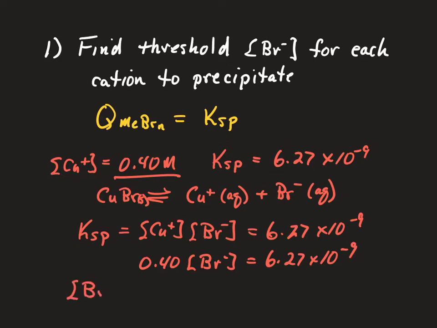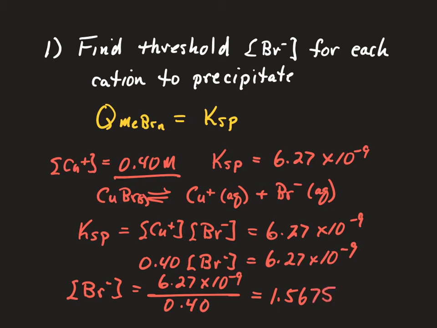The concentration of bromide ion will equal 6.27 times 10 to the minus 9 divided by 0.40, and that will equal 1.5675 times 10 to the minus 8 molar.